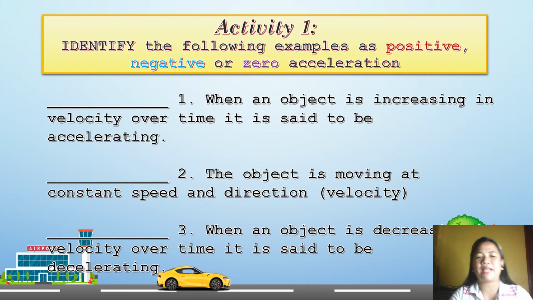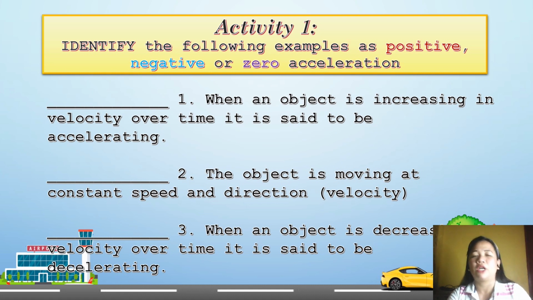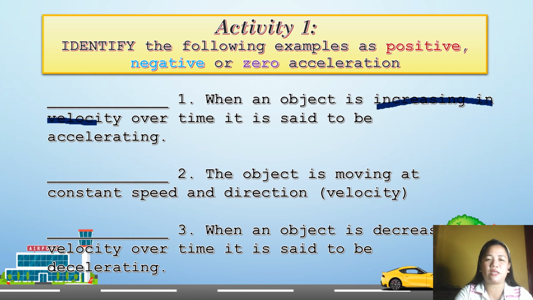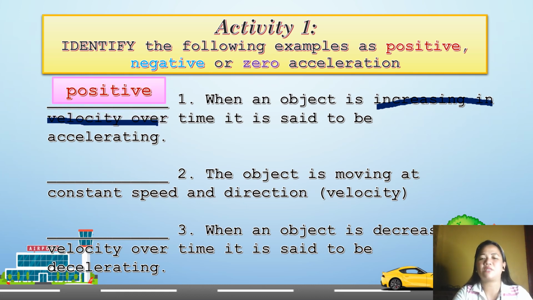Okay, so let's identify if it's positive, negative, or zero acceleration. For number one, an object is increasing. Okay, we have the clue words here. The clue words is increasing velocity. Kapag nag-increase ang velocity, anong tawag natin sa acceleration? Yes, it is positive. Okay, next one. The object is moving in constant speed.